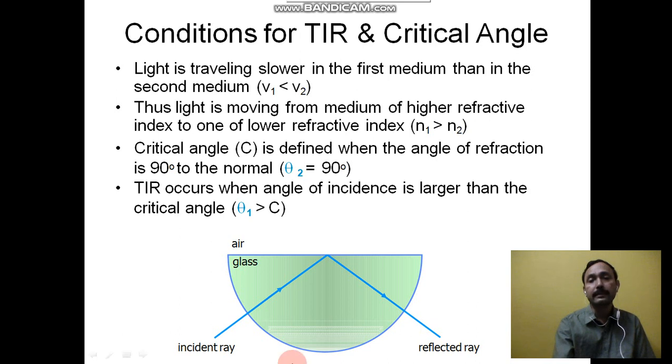So theta 2 is equal to 90 degrees. We represent the critical angle as C.